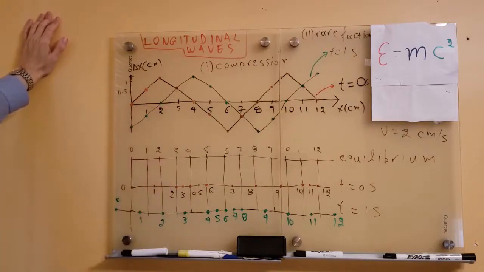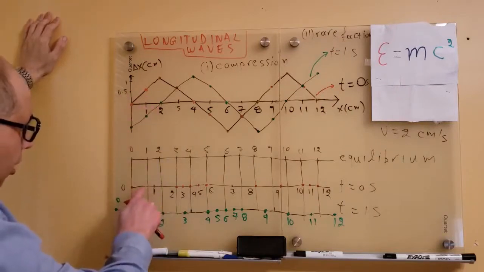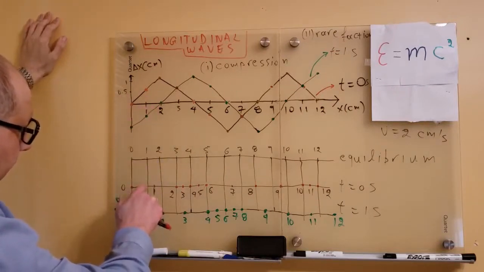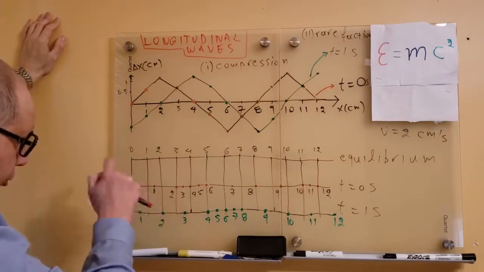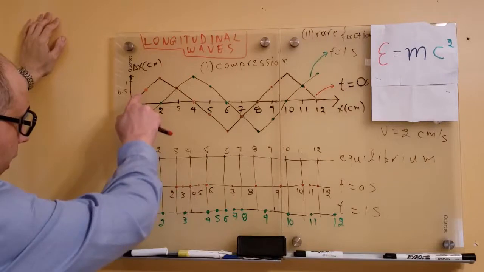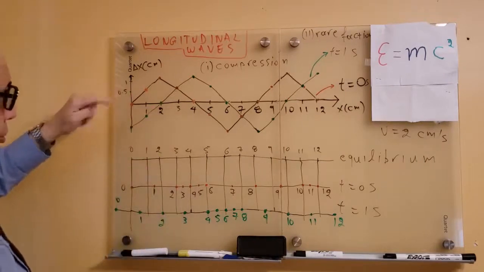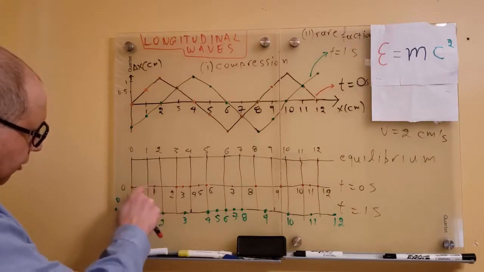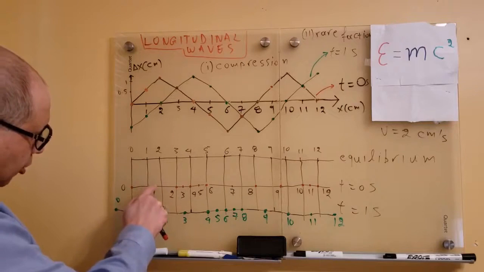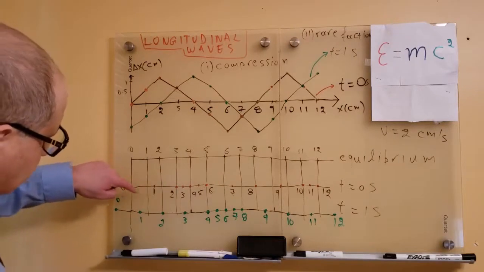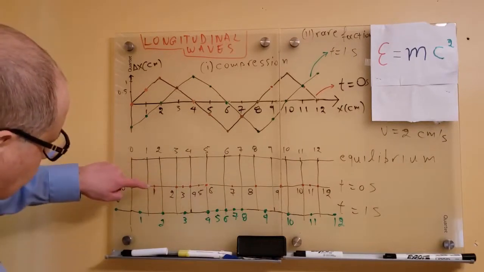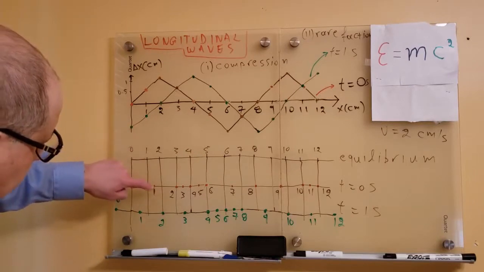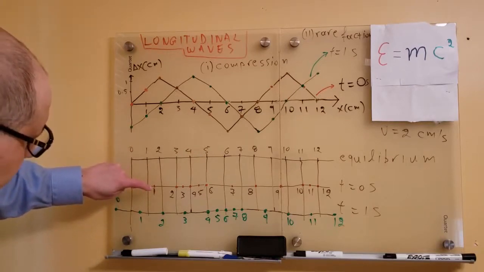So particle 1 is at positive 0.5, which means it goes to the right of its position of equilibrium by a distance of 0.5. So particle 1 at t = 0 is here.